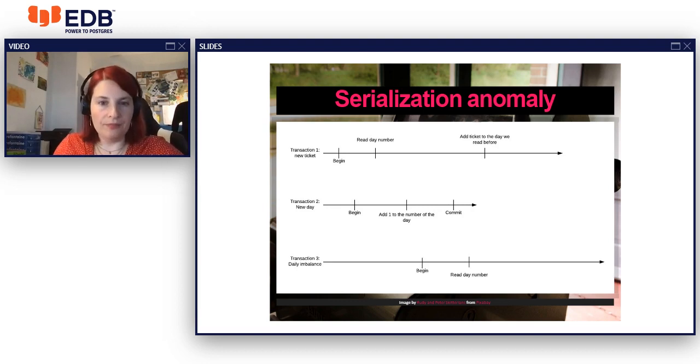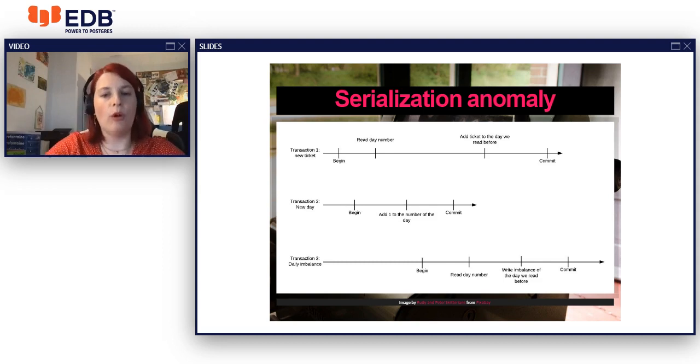After that, transaction 1 keeps going and adds a ticket to the day that was read before, meaning yesterday. And after that, we write the imbalance of the day we read before, and we will commit everything.